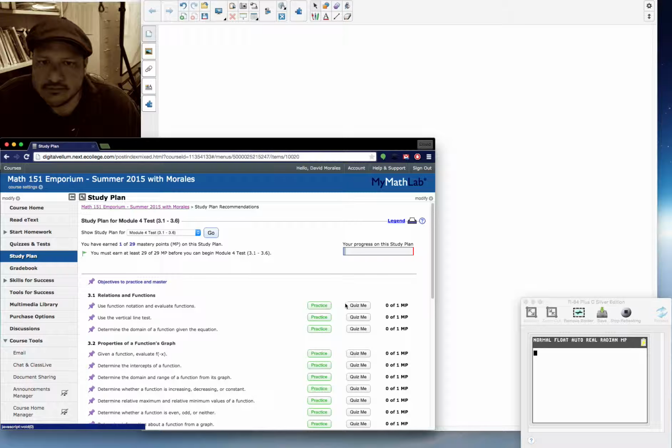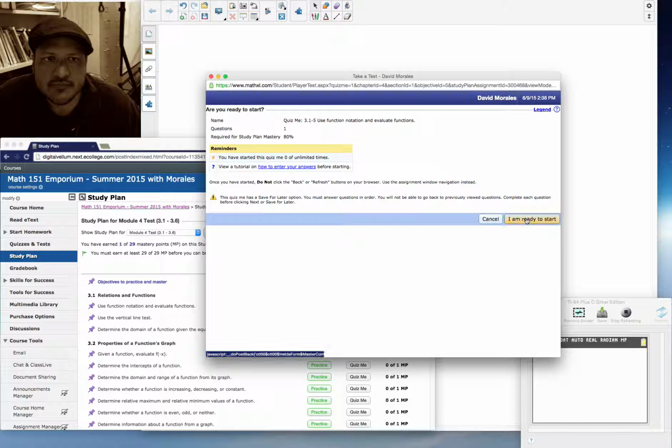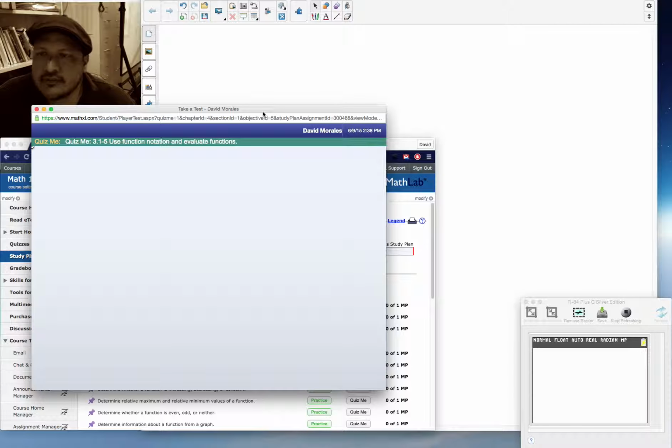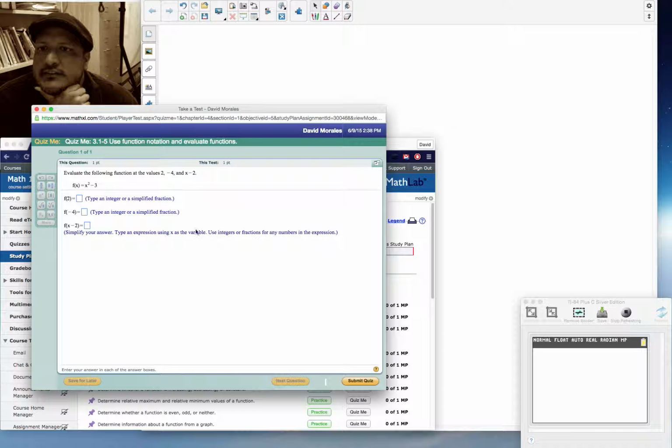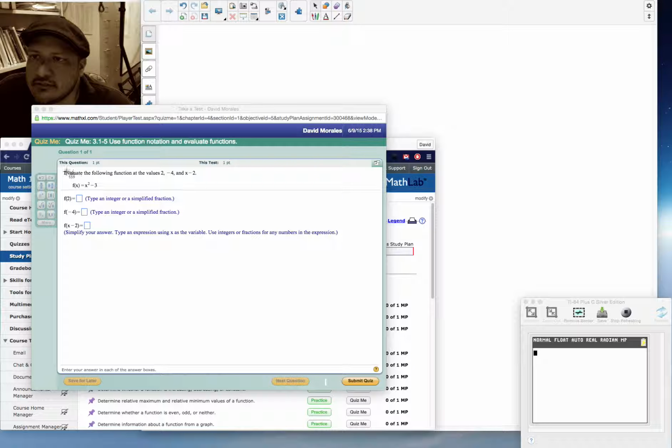So on the next one. Evaluate this function at these different points. This one we'll copy over.